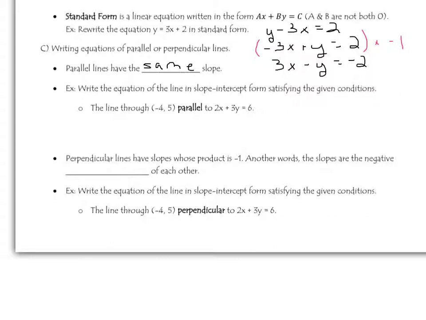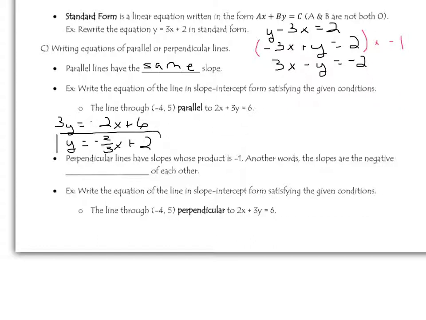Let's subtract 2x from both sides, and we get 3y equals negative 2x plus 6. But we need y by itself to get it in slope-intercept form, so we're dividing everything by 3, and 6 divided by 3 is 2.